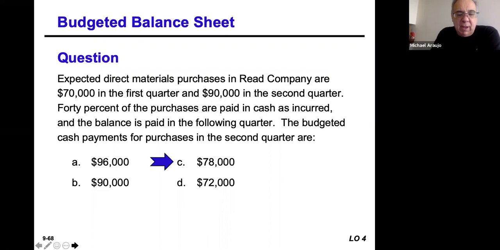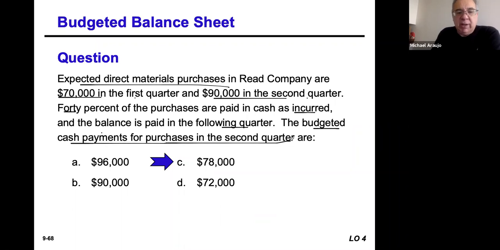Okay. This particular question here, they have direct materials purchases of $70,000 in the first quarter, $90,000 in the second quarter. 40% are paid in cash as incurred. The balance is paid in the following quarter. So what's the budgeted cash payments for purchases in the second quarter?